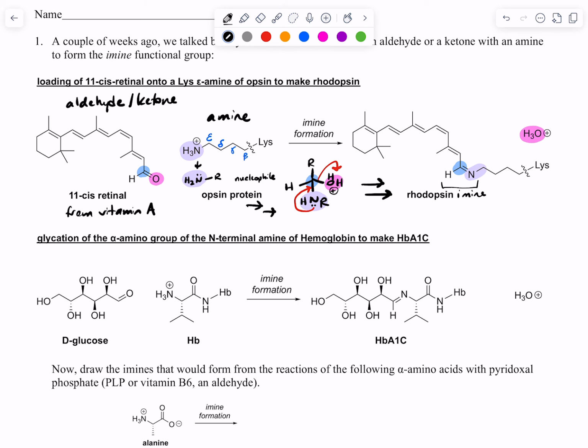Imines look like carbonyls, only the oxygen's a nitrogen, and the nitrogen's attached to one other group. And in the case of vision, attachment of the retinal to the lysine side chain via an imine allows later on, when this molecule absorbs light and isomerizes to the trans form and the molecule moves, that motion to affect the protein.